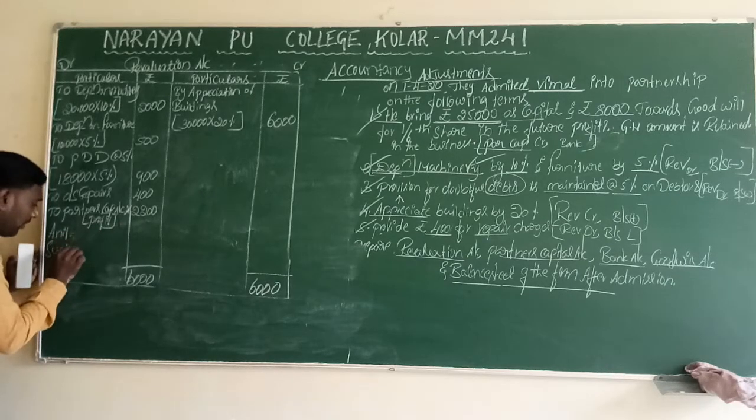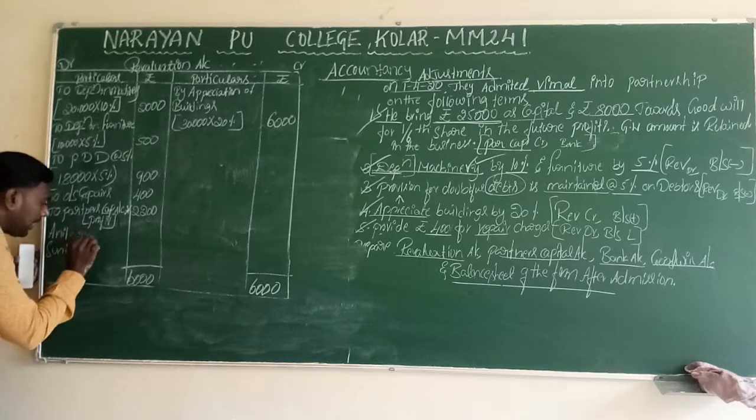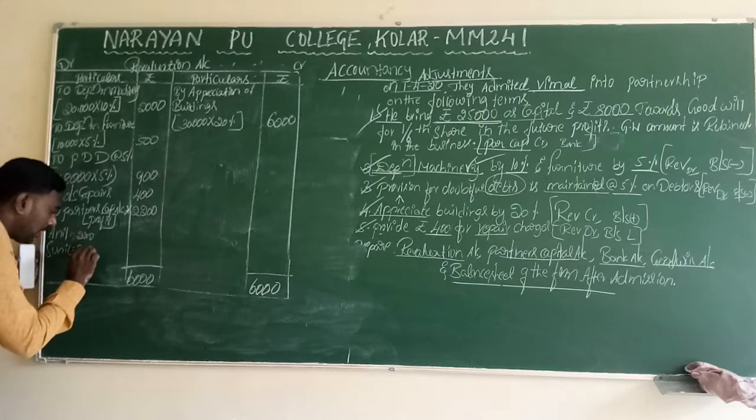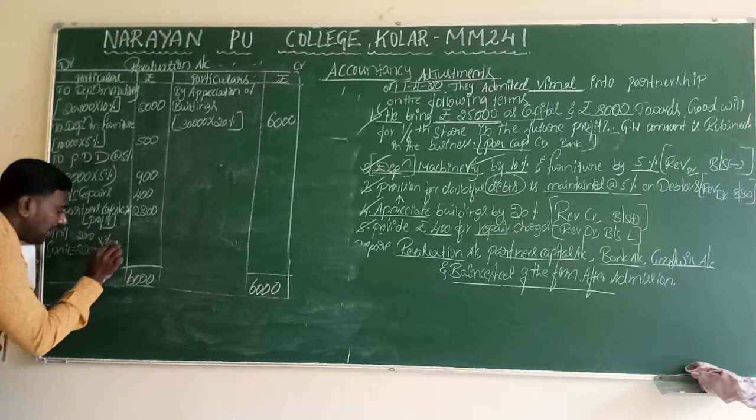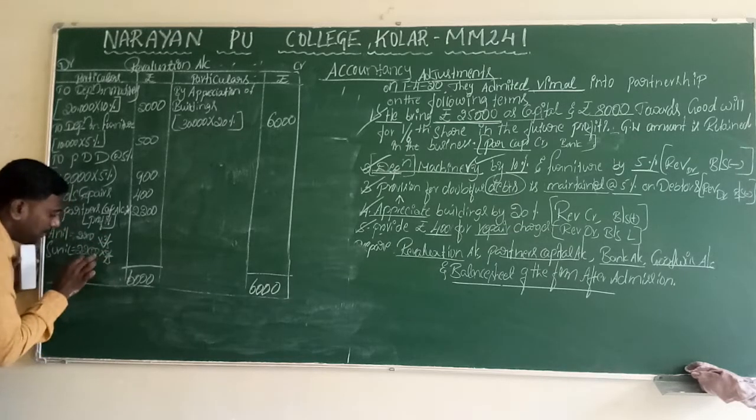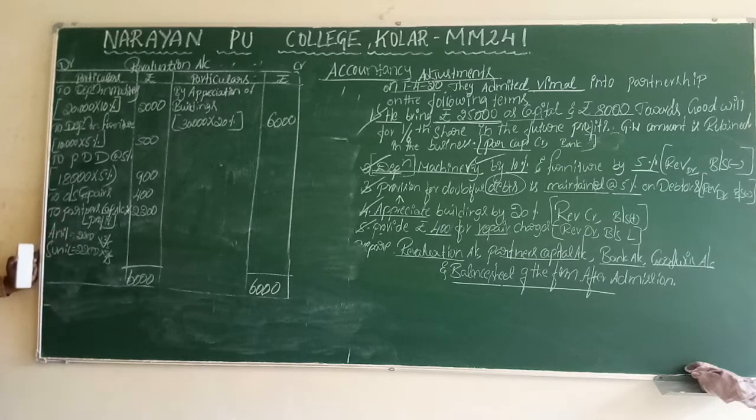So the total profit is 2,200. Out of this profit, Anil's share is 3/5 and Sunil's share is 2/5, because the 3:2 ratio is given in the beginning of the question itself. If it is not given, we should distribute it equally. If the ratio is given, we should distribute it according to this manner only.